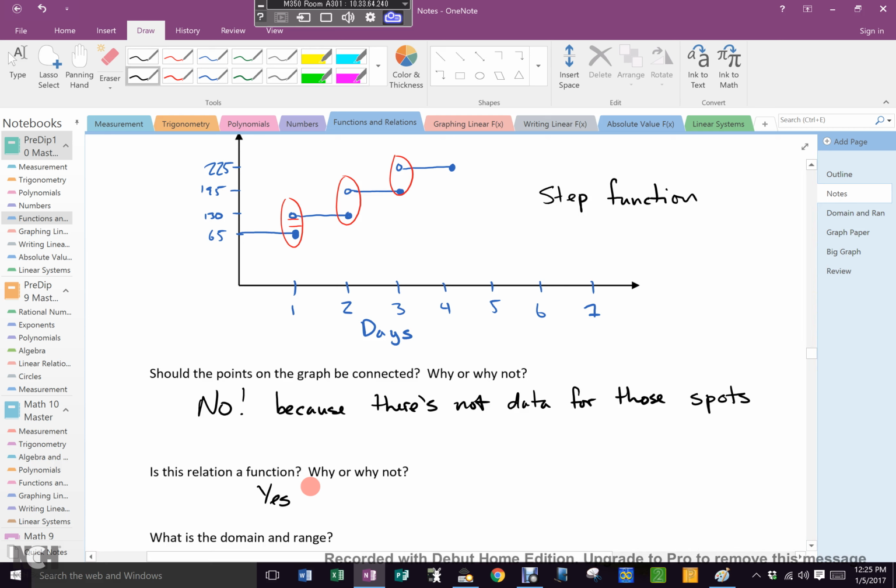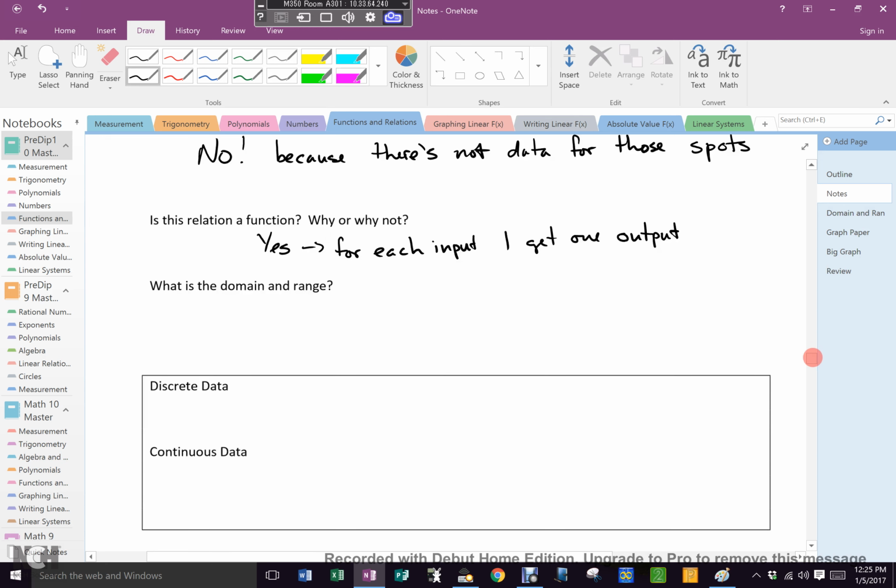One output for every input, right? And that's true, yes. For each input, I get one output. Now, finally, what is the domain and range?